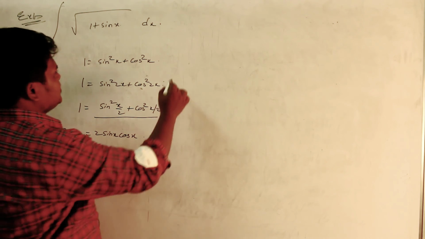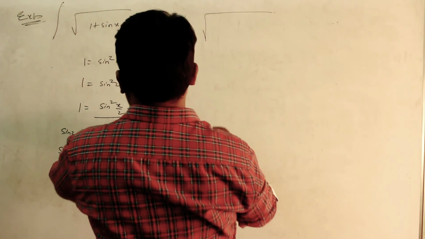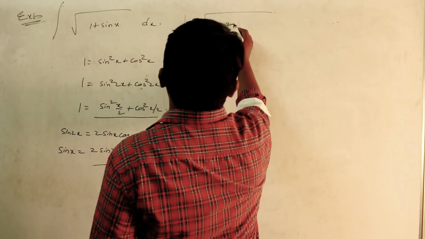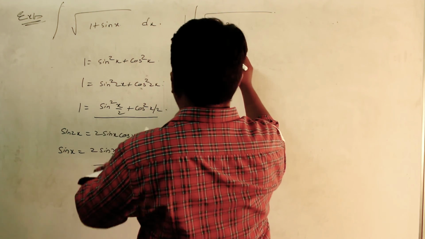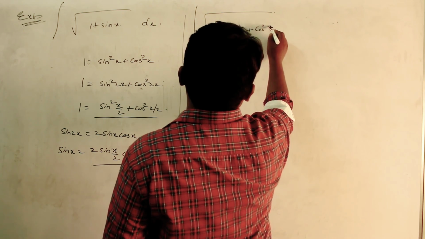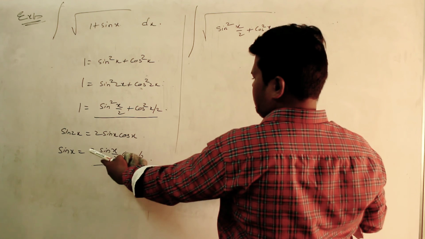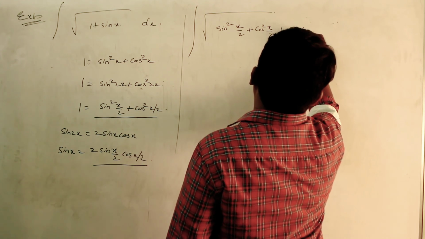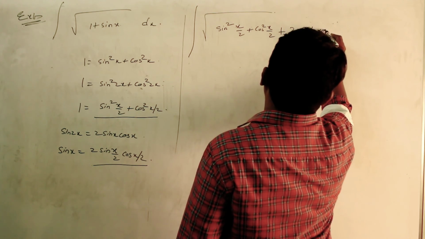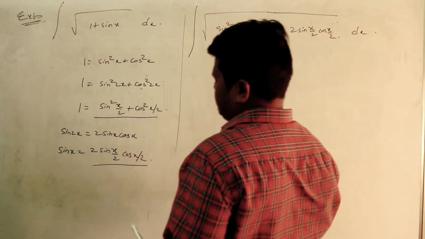Therefore, how can I write this relation? We can write integration of, instead of 1 I can write sin square x by 2 plus cos square x by 2, and instead of sin x I can write 2 sin x by 2 cos x by 2, into dx.